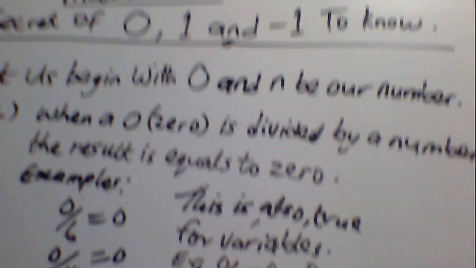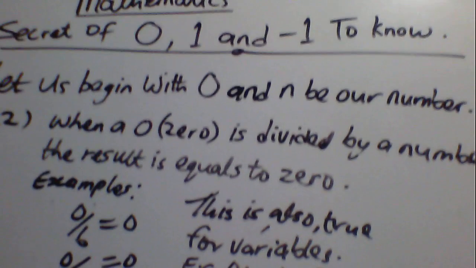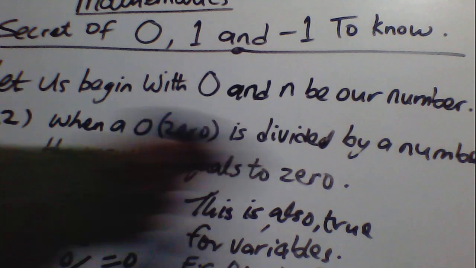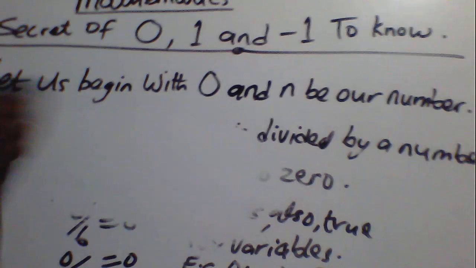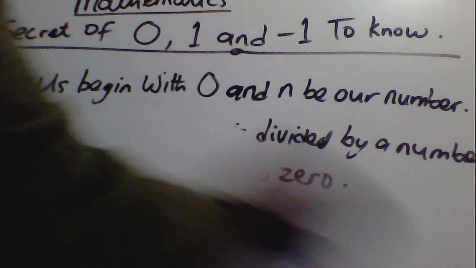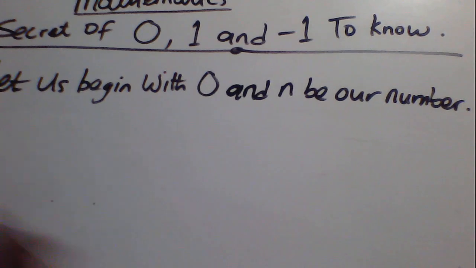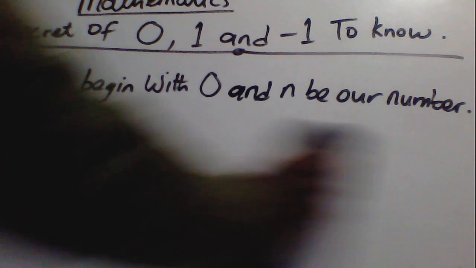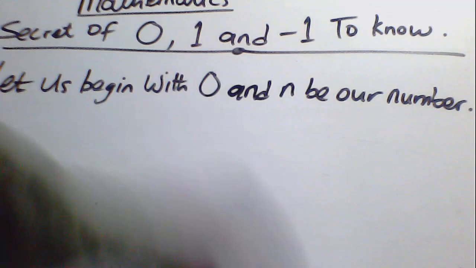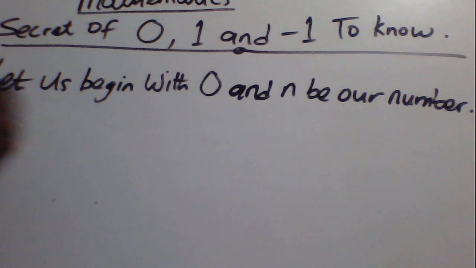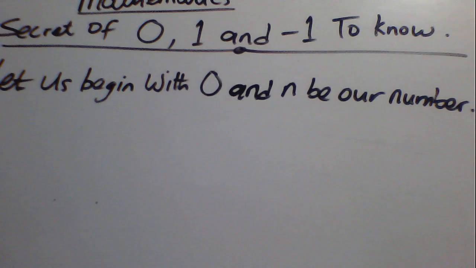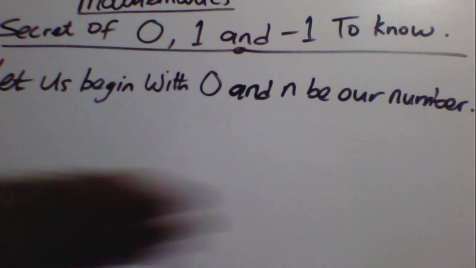Let's look at the third secret which you have to understand concerning 0. The next secret is that when a number is divided by 0, the result is indeterminate, or undefined. It's the same to say it is indeterminate, which means it cannot be found.